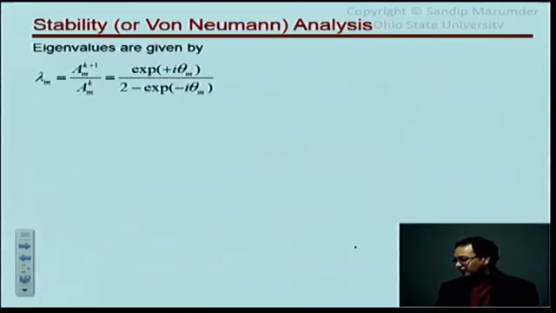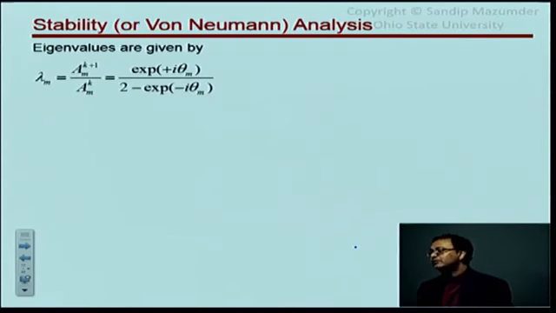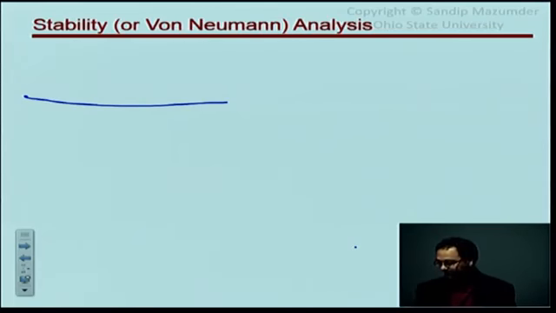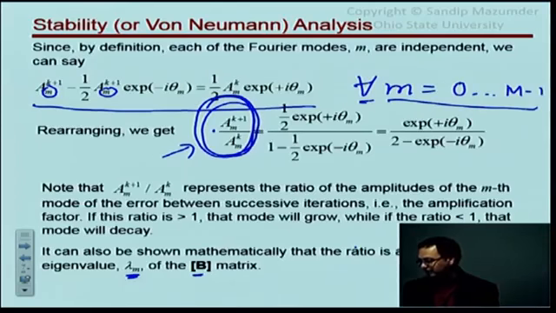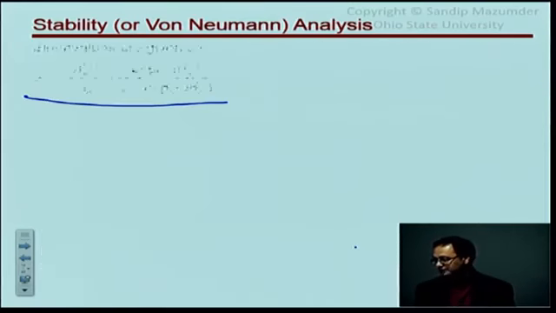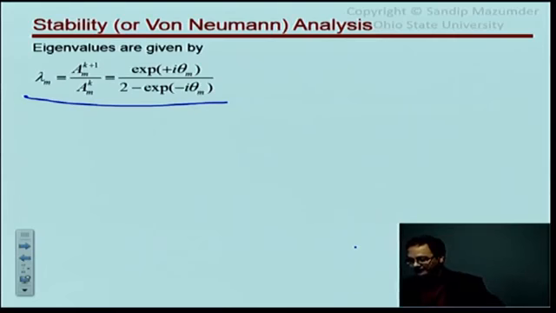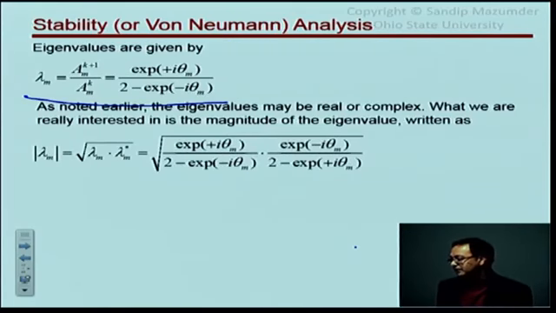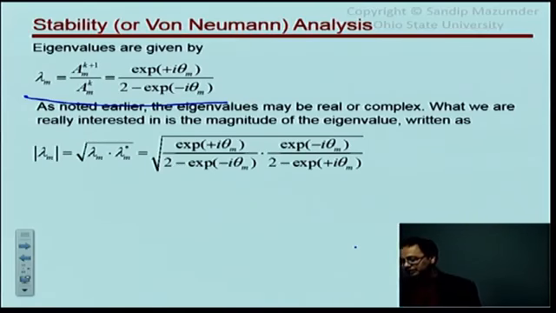Now, let's proceed with the math and then we'll answer that question. So this is our eigenvalue that I have from the previous page. All I've done here is multiply and divide by 2, so that instead of a half I have a nice expression. To calculate the eigenvalue magnitude, because this could be a complex number, you need to take the complex conjugate.